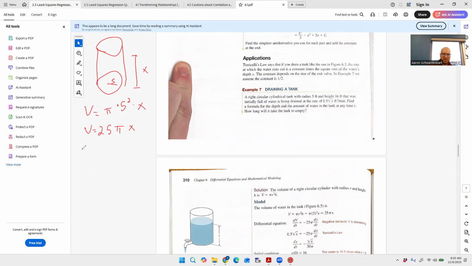If I take the derivative of both sides, I get dV/dt equals 25 pi dx/dt. Remember related rates?